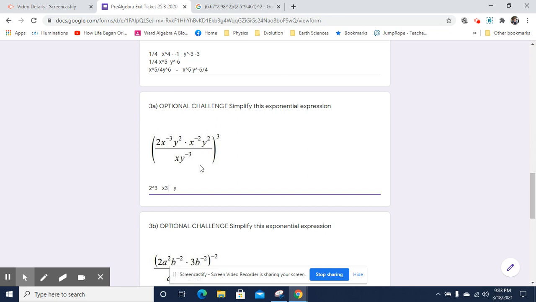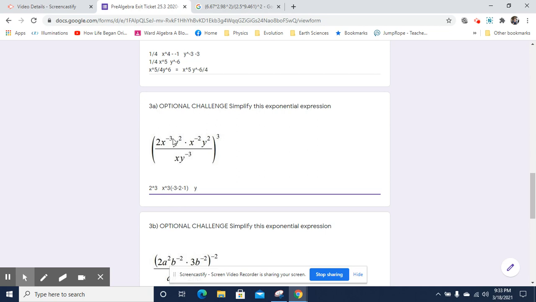So I'm going to say 3 times negative 3 minus 2. And then I also have to subtract 1 for that x in the denominator, so minus 1. So that'll get me my exponent for x. I should actually use the little symbol for an exponent.